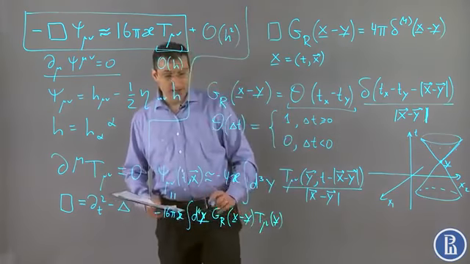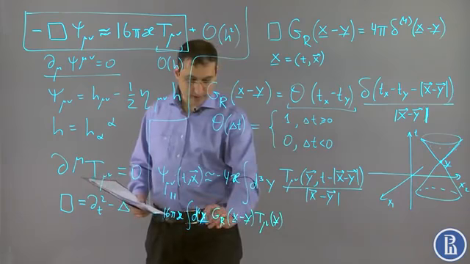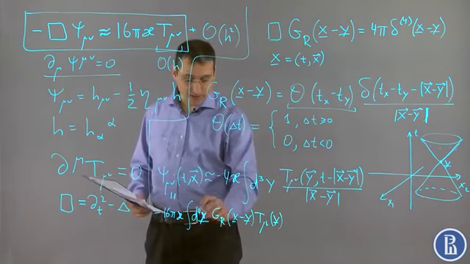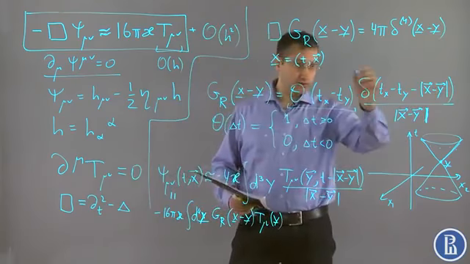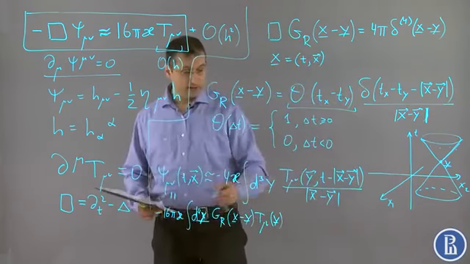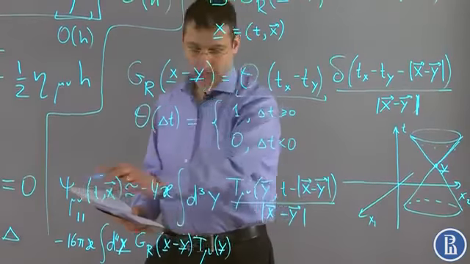Then I took one of the integrals, there are 4 integrals here, the integral over t_y, with the use of this delta function. And that's how I obtained this expression.